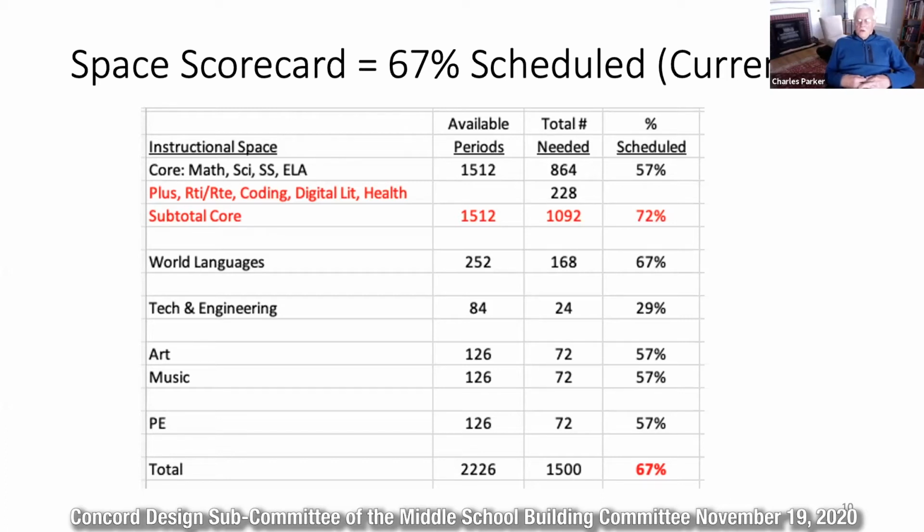Mike, you might want to comment on your use of the actual programming information in creating the number of spaces needed. These data actually were derived from the actual programming plans that Mike got from the administration. But you might want to comment on that, Mike.